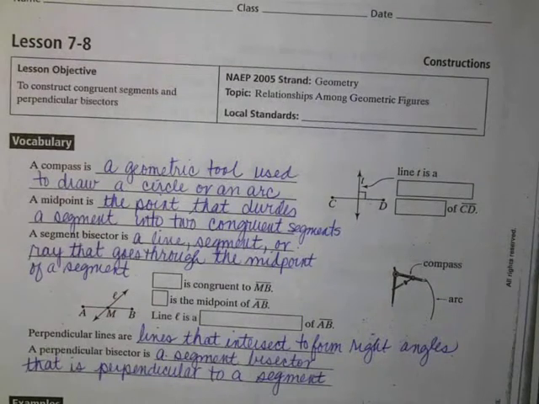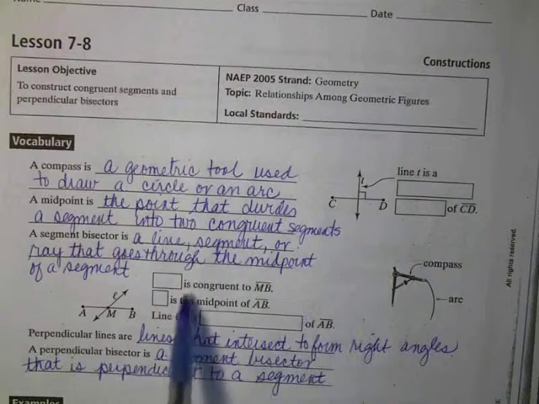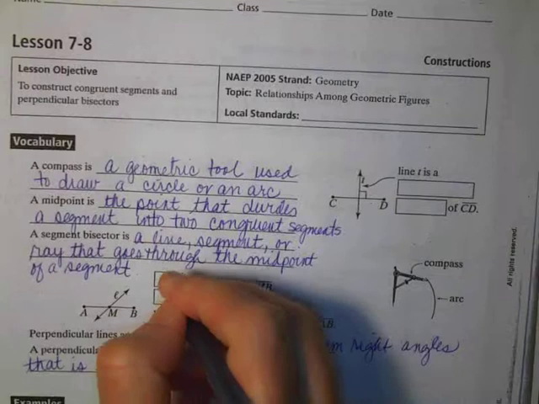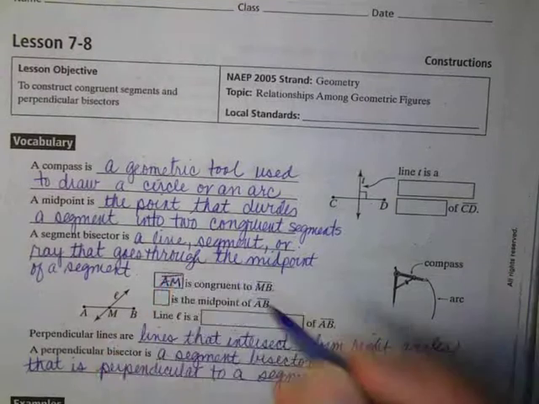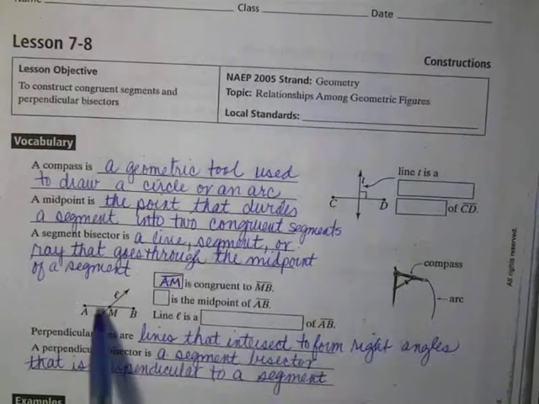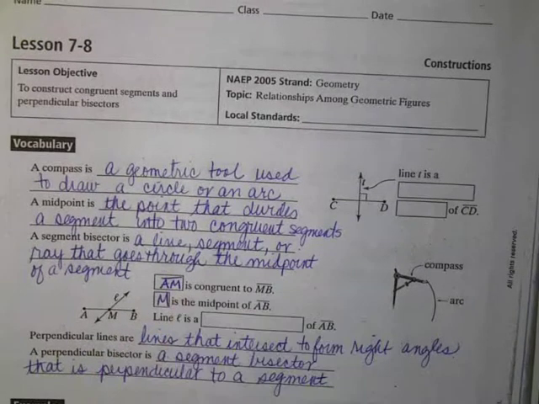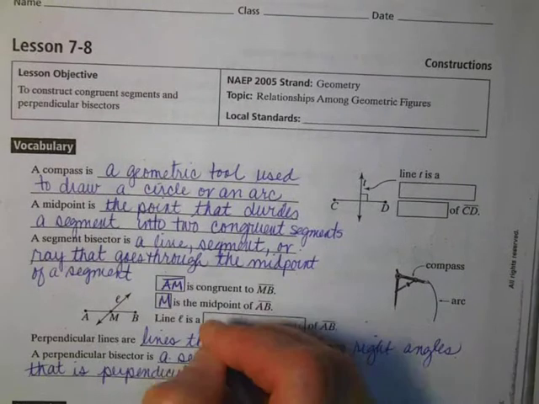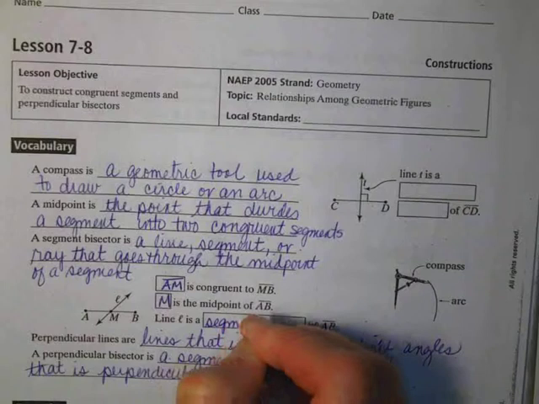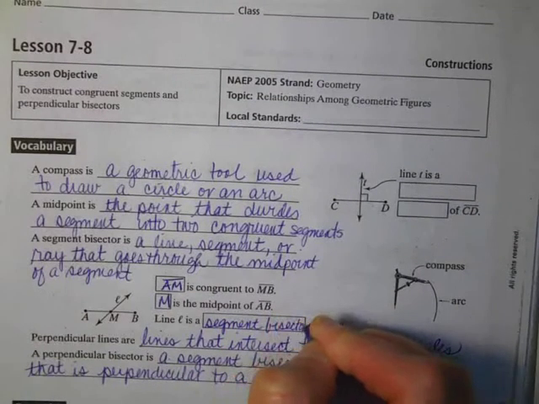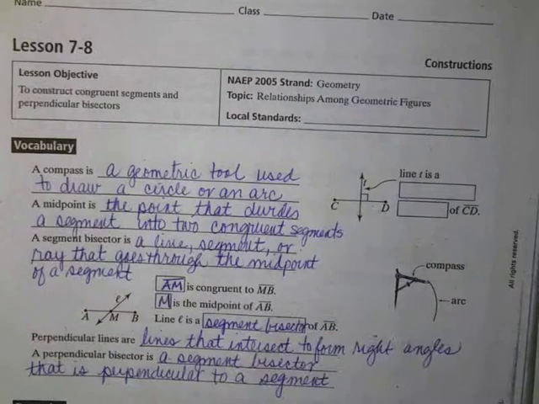Okay, so let's go back to our diagrams here. If we look at this, segment AM is congruent to segment MB. Point M is the midpoint of segment AB. Line L is a segment bisector of segment AB.